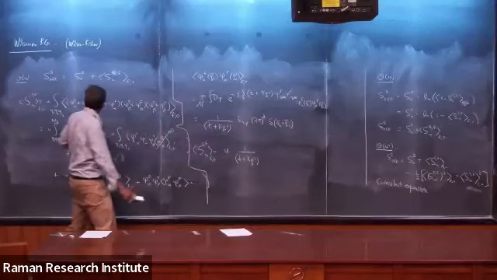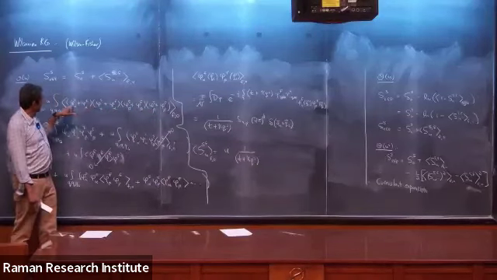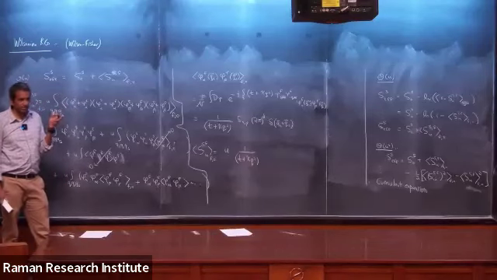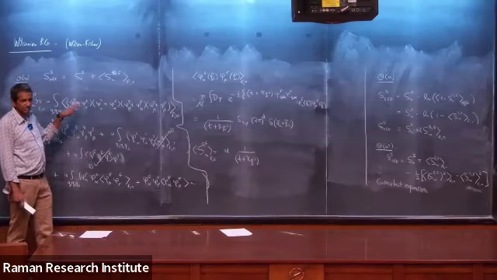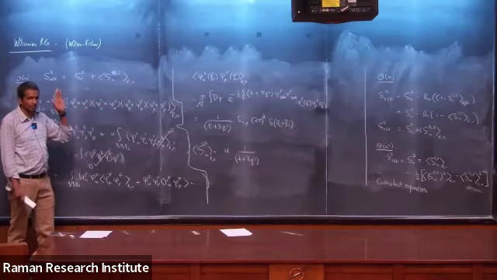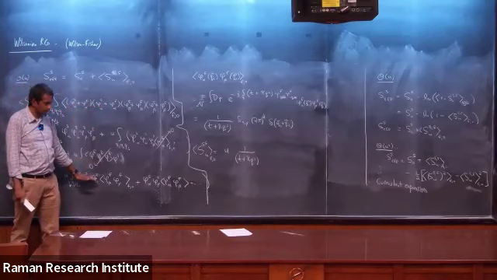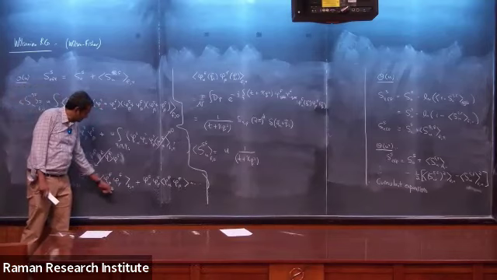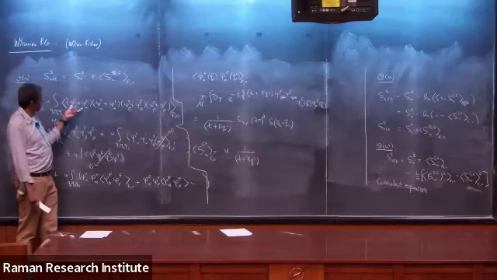And so what you get from here is that there are 6 types of terms where I have to pick 2 fast and 2 slow modes out of here. I have 6 possible choices: I have to pick 2 out of 4 and call them slow, and the remaining I'm going to call fast. So there are a total of 6 types of terms that are going to contribute. Of which some of them will look like this, where betas are the same, and you can read off which of those these are.